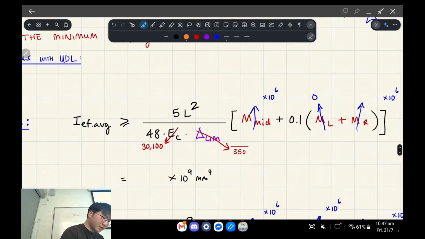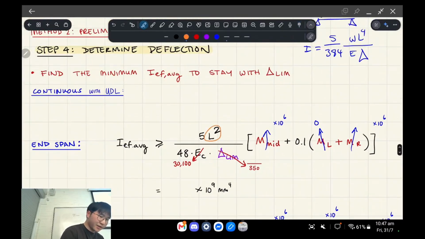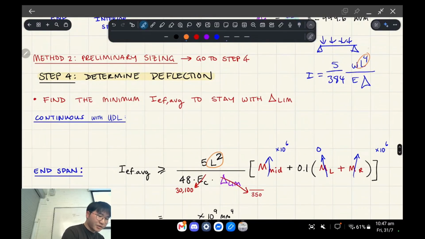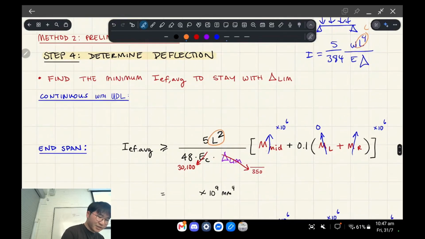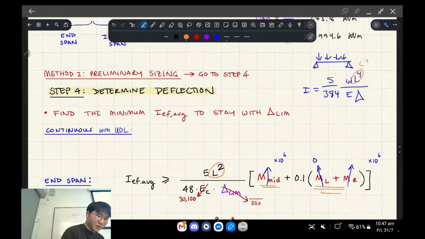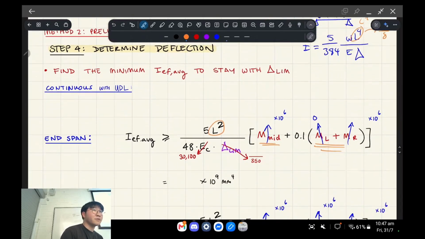And what you'll also notice is that instead of L to the power of 4, they changed it to L to the power of 2, and the reason for that is because you're multiplying by the moment, and the moment will have something like WL squared on 8. So the L is a part of the M formulation.